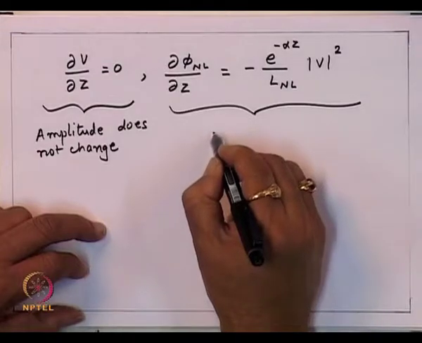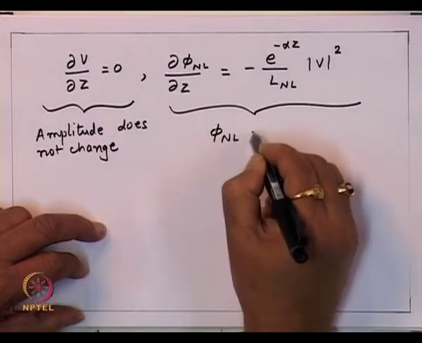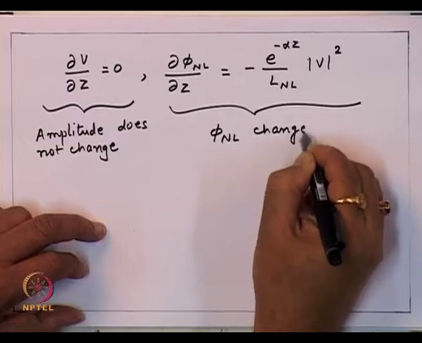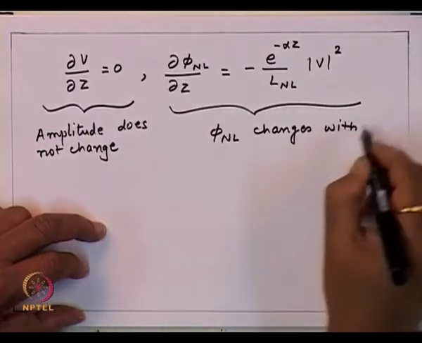So, this is saying that phi NL changes with distance.